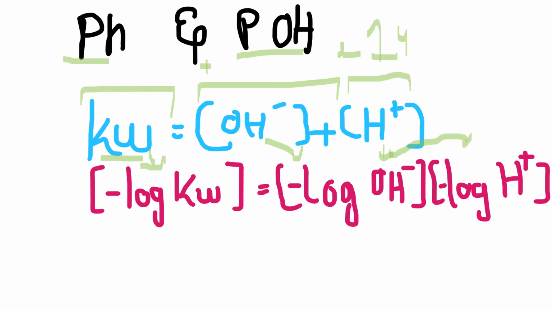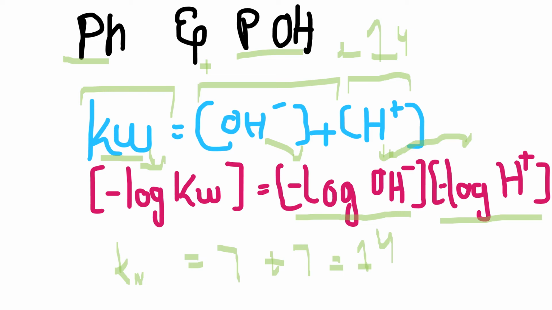After that, we know that Kw will remain constant. Now we know that the acidic and the basic values, these both are equal to 7 when talking about water. So it will be 7 plus 7, and that is equal to 14.